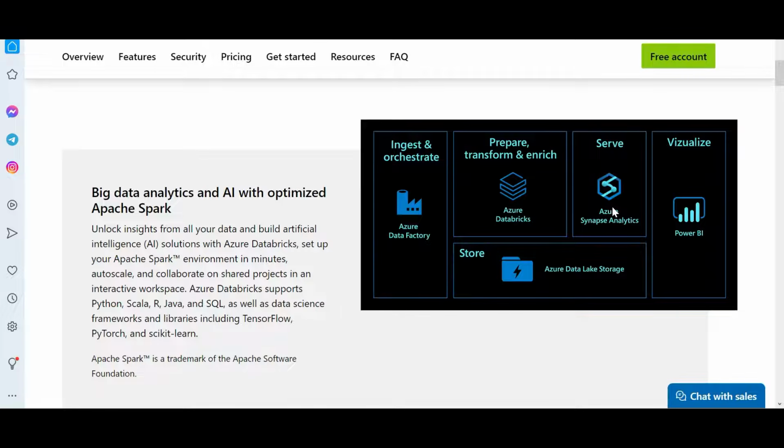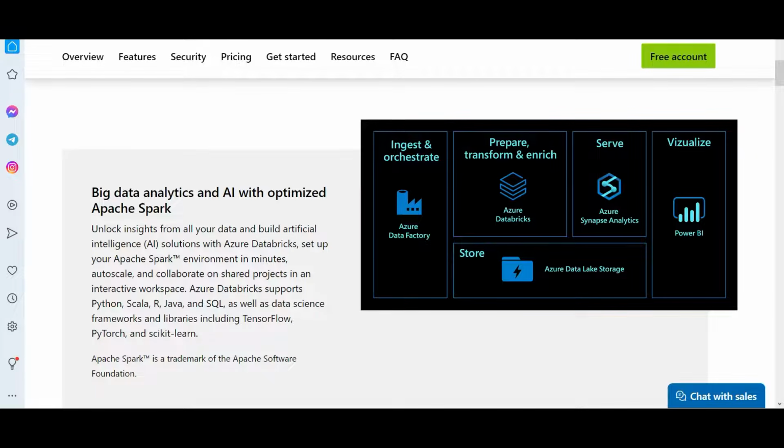You can load it in Synapse Analytics, and from that you can connect Power BI and it will hit Synapse, and you can create your BI reports. Simple. Now all this data for Databricks, Synapse, you can also store it in a data lake storage. This is a very good diagram, very informative diagram.